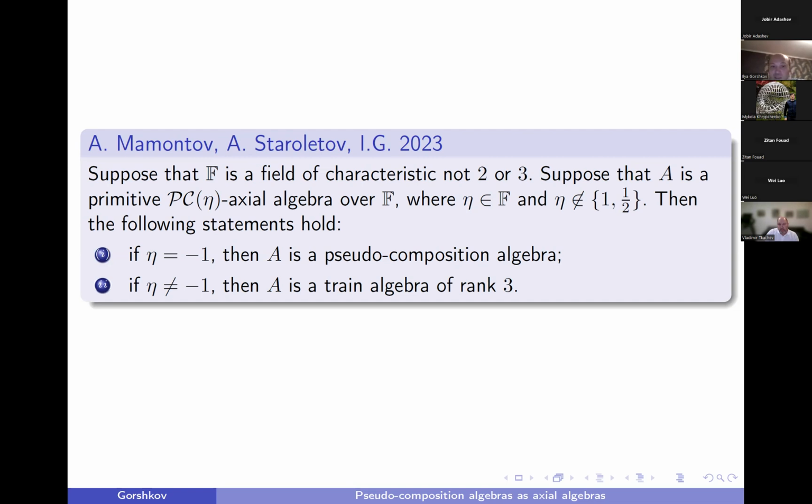We can say that if an algebra is generated by a primitive axis of pseudo-composition type eta, then if eta is equal to -1, A is a pseudo-composition algebra. And if eta doesn't equal -1, then A is a train algebra of rank 3.